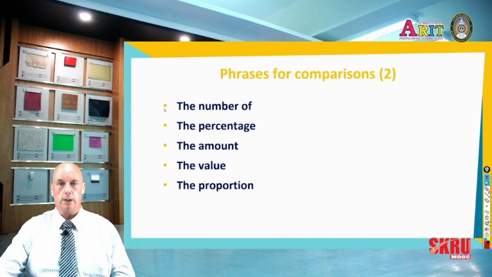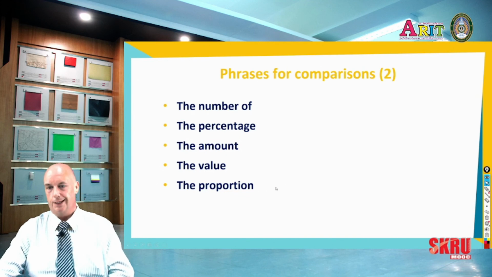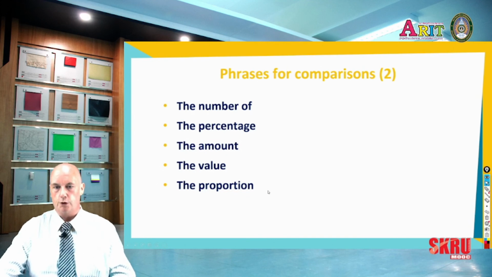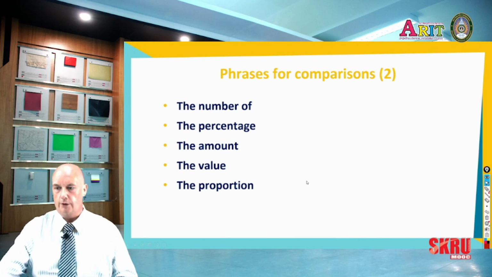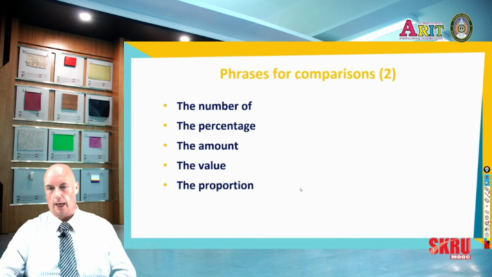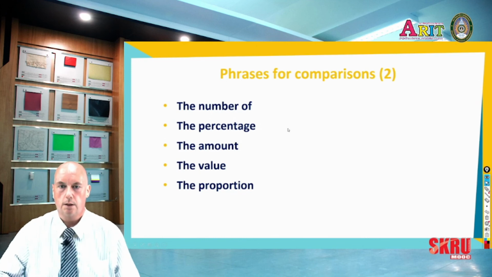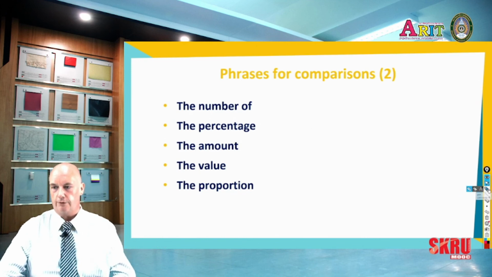We can also use the number of, the percentage, the amount, the value, or the proportion along with those phrases. So the proportion of students is the same as the proportion of girls is slightly greater than, and so on. So those are some various phrases you can put together in combination to help you describe the data when we want to compare.